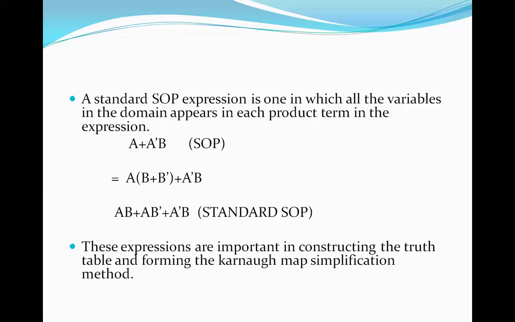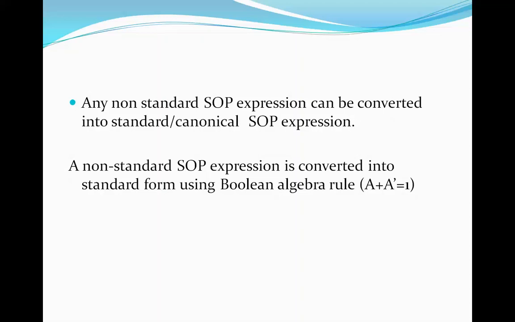These expressions are important in constructing the truth table and in Karnaugh map simplification methods. The Karnaugh map and the construction of truth tables we will take in our next upcoming videos. They are basically used in simplifying the Karnaugh maps.